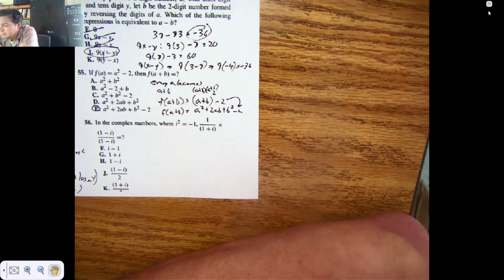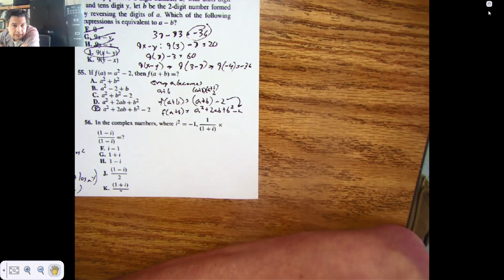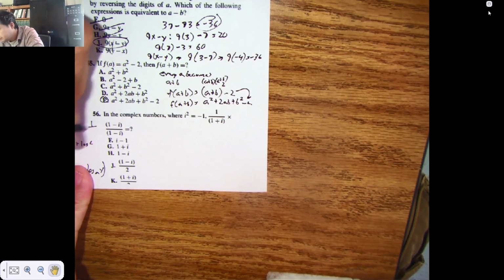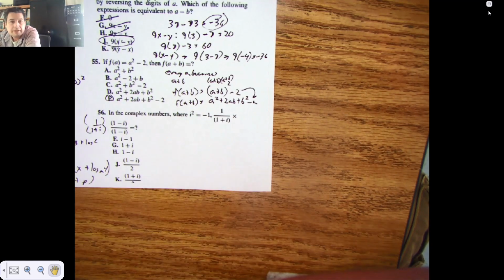In the complex numbers where i squared is negative 1, 1 over 1 plus i times 1 minus i over 1 minus i is what? So the ACT would not actually put things on different script levels like they did here, but they're asking you to just find that conjugate. That's all they're asking you to do. It's the distributive property up top.